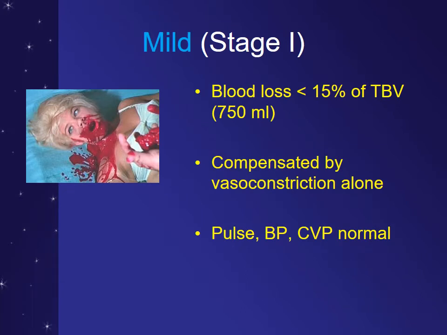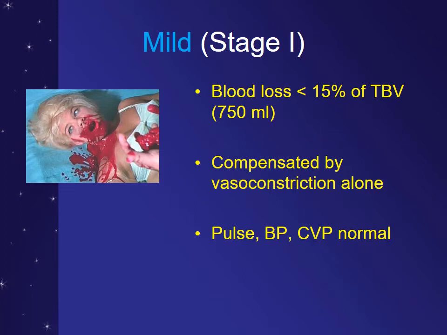So we'll look at mild bleeding first, or stage 1 of hemorrhagic shock, where the patient has lost a blood volume which is less than 15% of the total blood volume. Now the total blood volume of an average person is about 5 liters or 5000 milliliters. Therefore 15% of total blood volume is 750 milliliters.